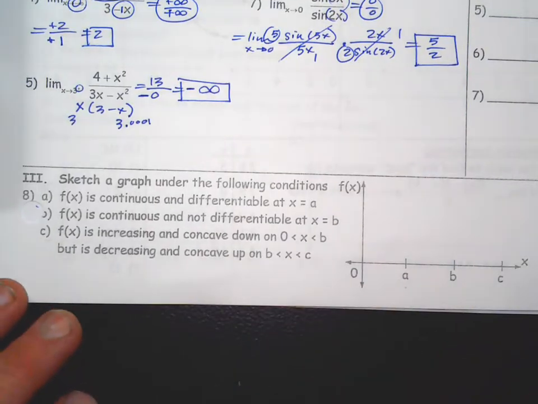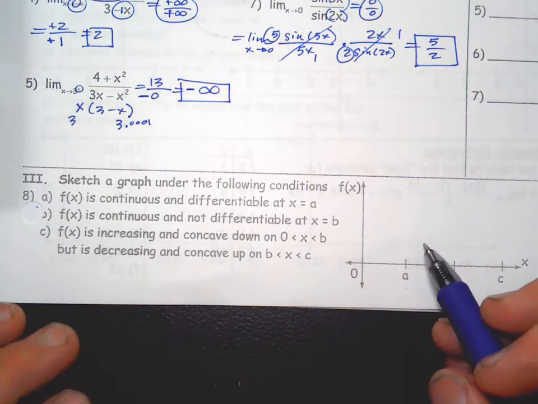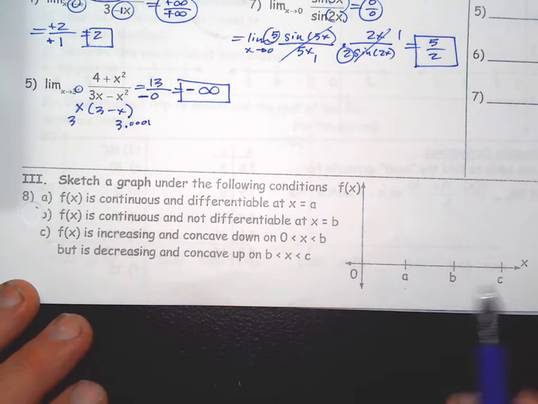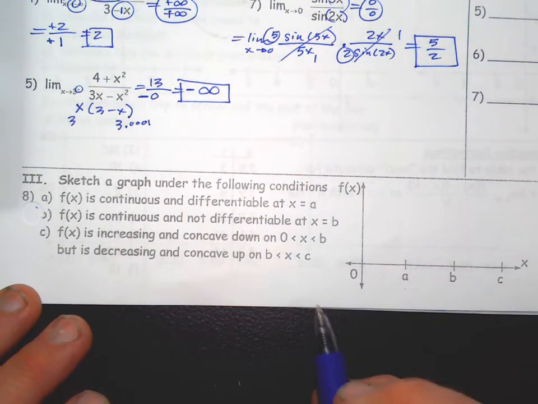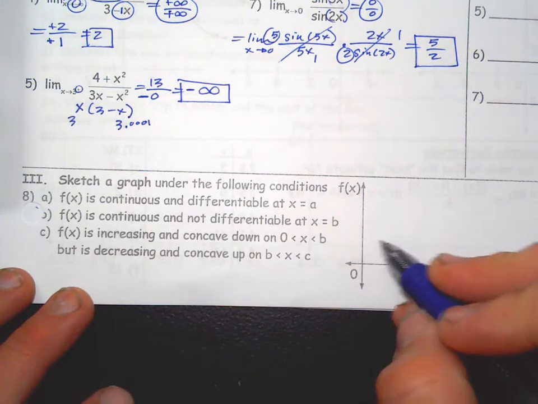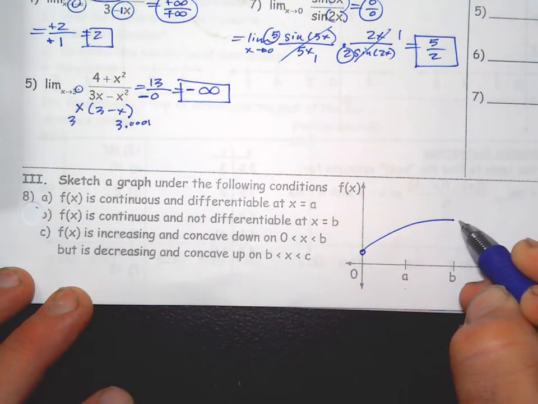Sketch a graph under the following conditions. It's continuous and differentiable at A. Smooth, connected. It's continuous but not differentiable at B. So there's a corner or cusp or something at B. It's increasing and concave down from 0 to B. Increasing and concave down, so maybe something like that.